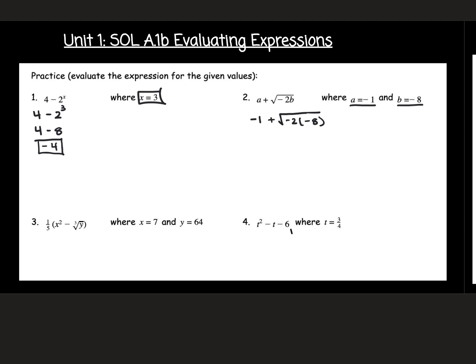All right, so remember, square roots are considered grouping symbols, so we're going to take care of what's underneath my radical. So my negative 1 is going to stay the same. I have negative 2 times negative 8, which gives me the square root of 16. I'm going to take the square root of 16, which is 4. Negative 1 plus 4 gives me a positive 3.